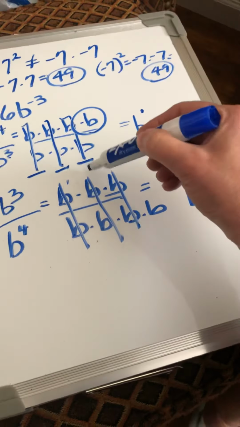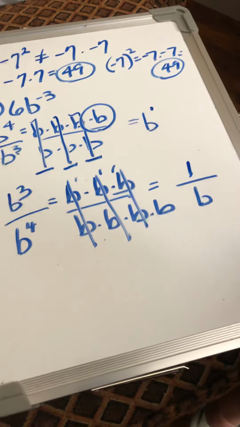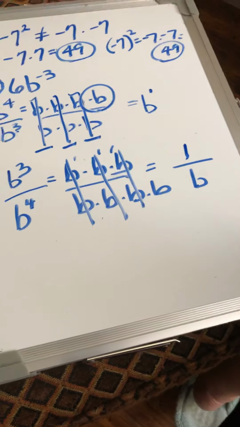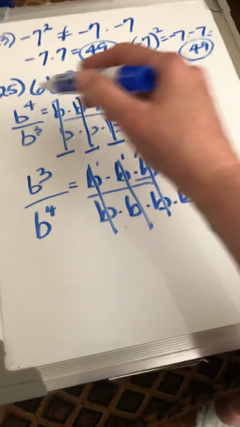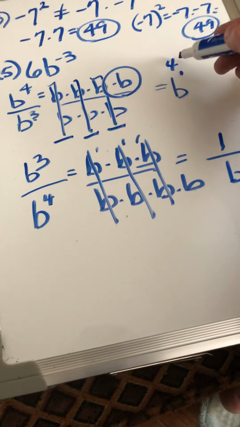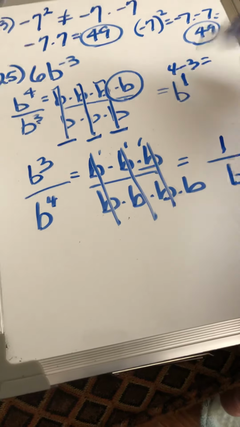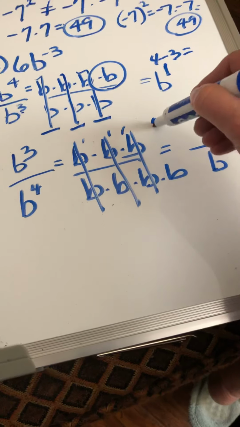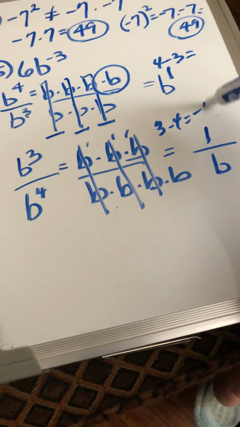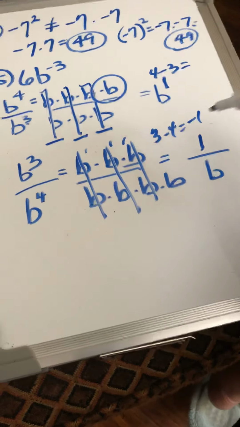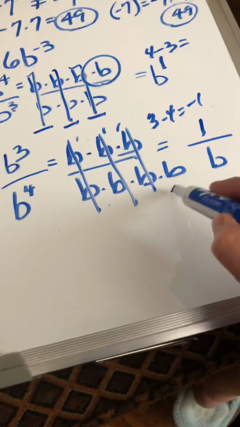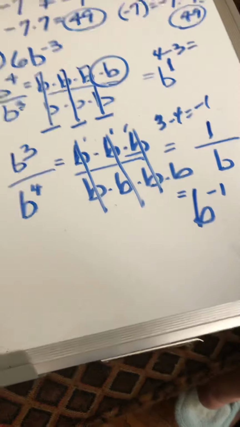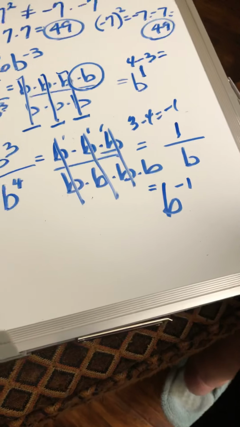Well, these were all 1s, remember? So I have 1 over b. So if we use that same idea, here we had 4 minus 3 and got 1. Well, here we have 3 minus 4, which is negative 1. So 1 over b is the same as b to the negative 1 power.